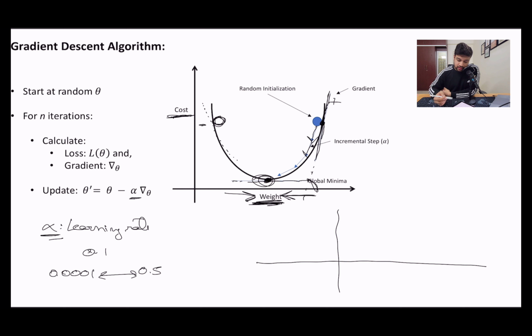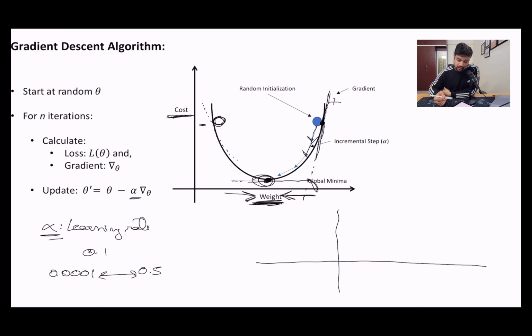Now we saw that irrespective of whether your gradient is positive or negative, this equation works if you put the gradient along with the sign. So let me write this again a little more clearly.